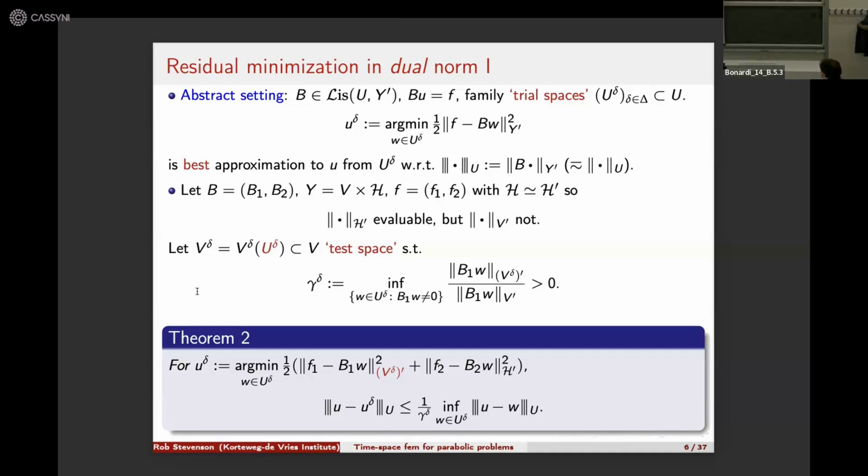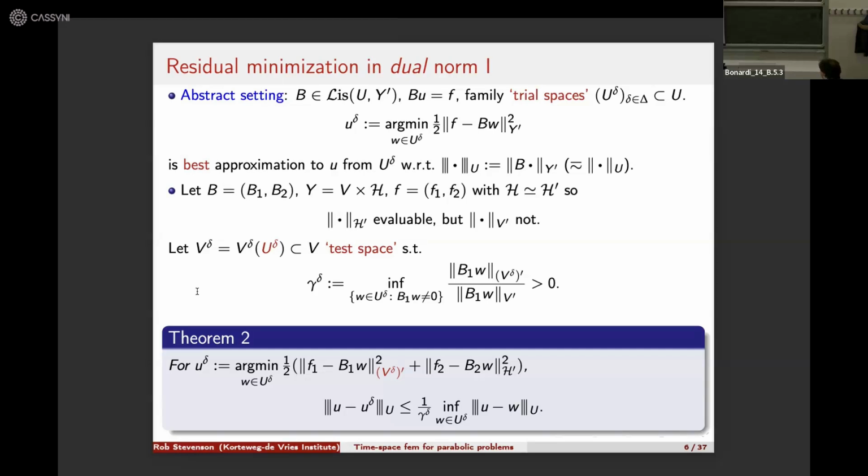So what you then do, you choose a test space, also a discrete space, it depends on your trial space, which is sufficiently large that this discretized dual norm is proportional to the real dual norm when you apply it to B1W, where W is a trial function.